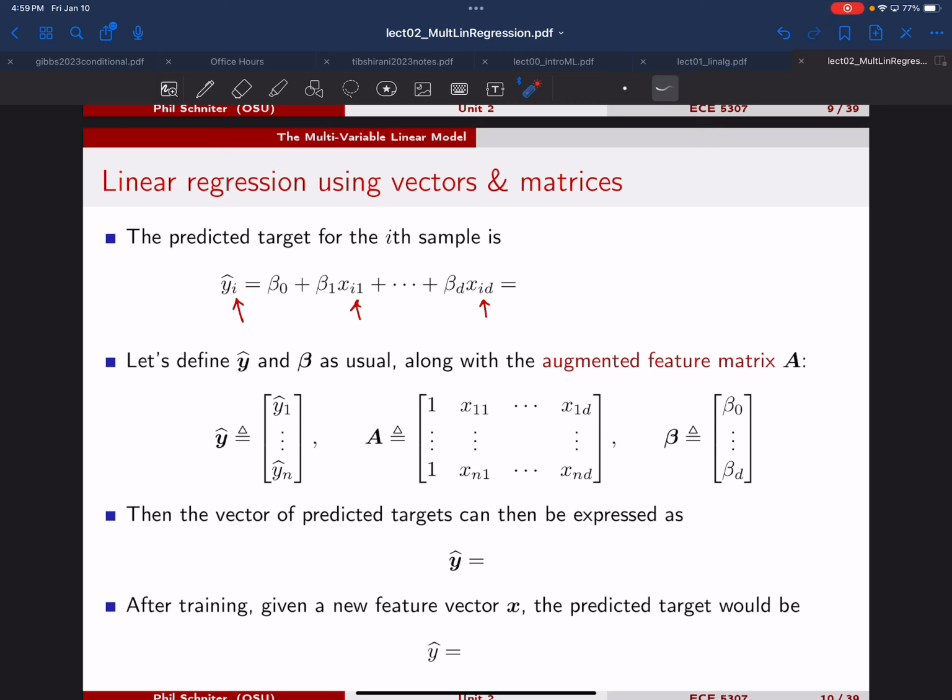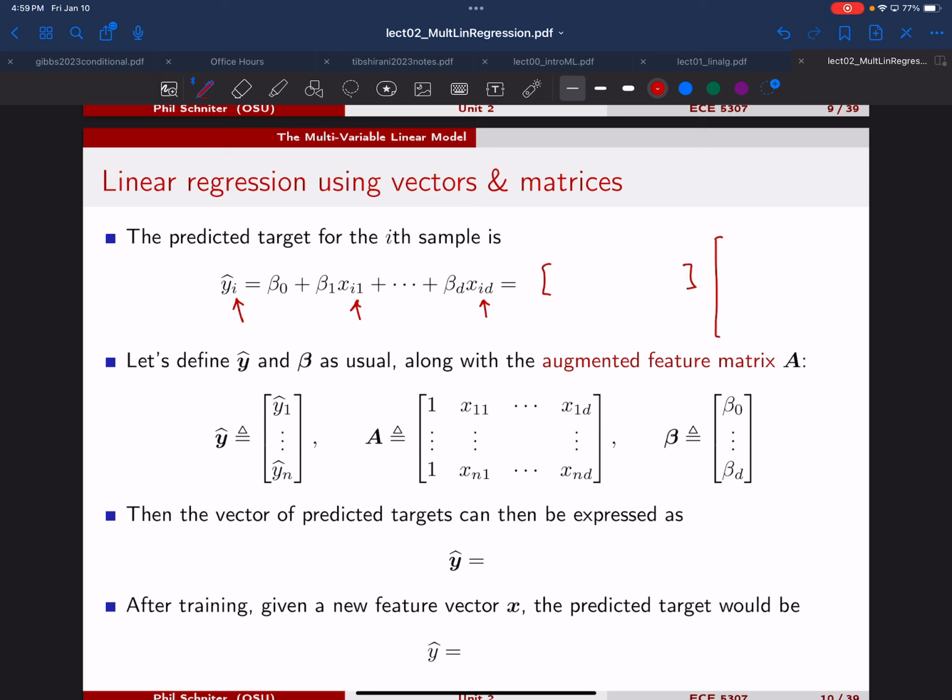And what did I want to write here? Okay, so how can I write things on the right side in terms of a vector and a vector there?